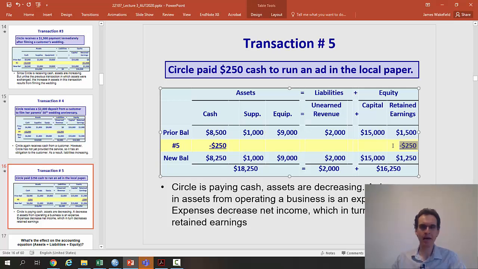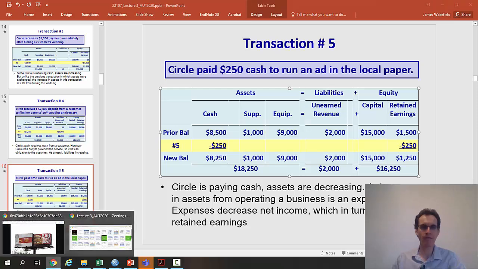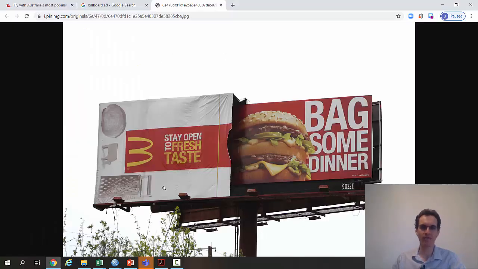When for advertising, it's probably going to have some sort of ongoing benefit. Can we actually work out what the ongoing benefit of this billboard is exactly, and how long the effect will be on encouraging customers to buy McDonald's meals? Well, we can't.